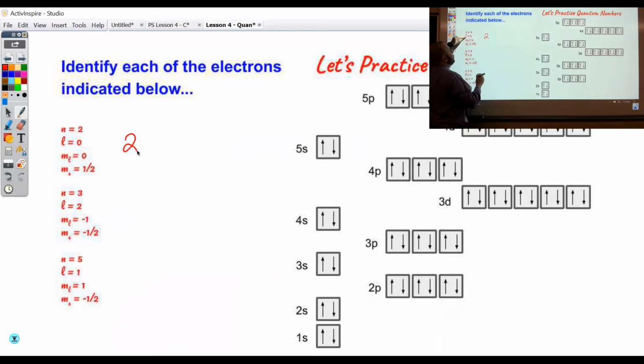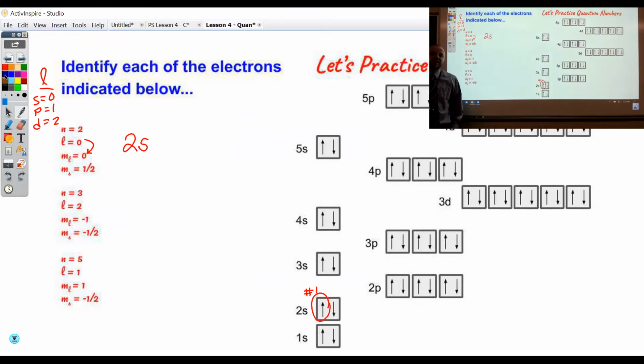L equal to 0 means we're talking about an S sublevel. Remember again, S equals 0 for L. S equals 0, P equals 1, D equals 2, and we're not going to go above that. If this is a 0, then this automatically has to be a 0 here, and then positive a half. So in the 2s sublevel, the electron that's pointing up.